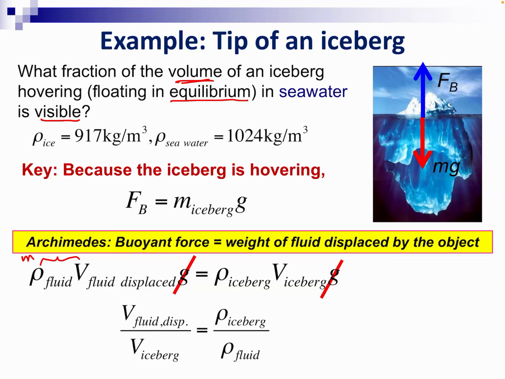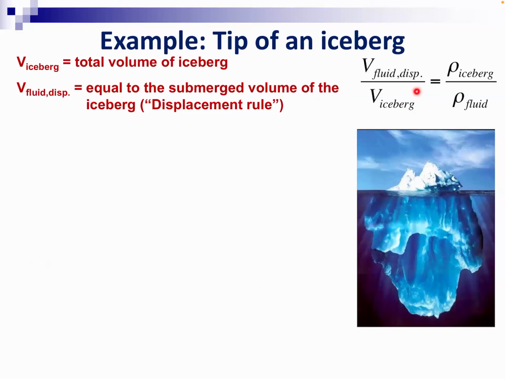All right, so I just copy over that same equation here, and let's relate this equation to the scenario. The iceberg, of course, that's the total volume of the iceberg here. Now the question is, what's the volume of the fluid displaced?